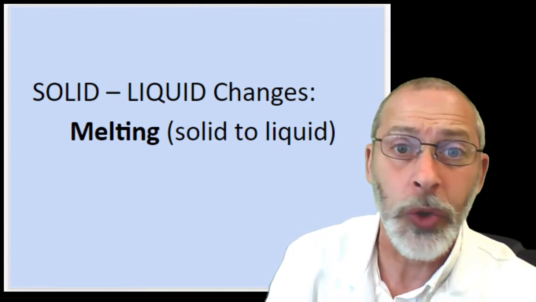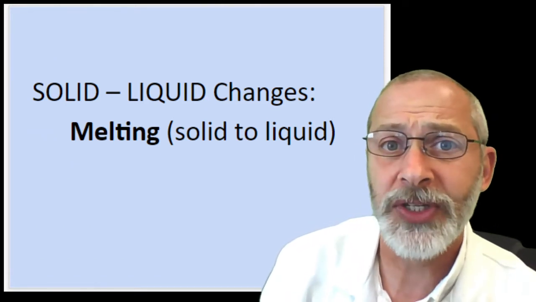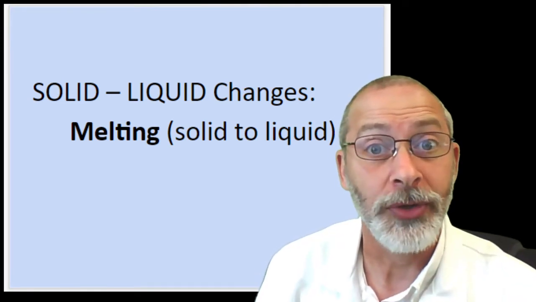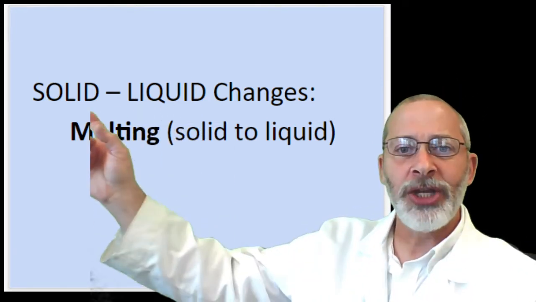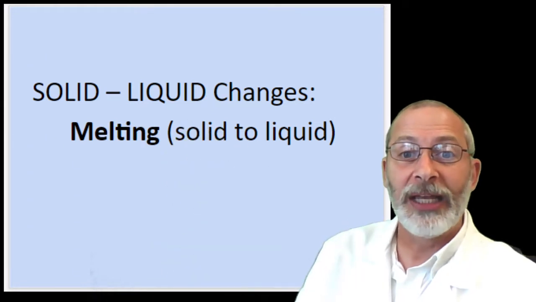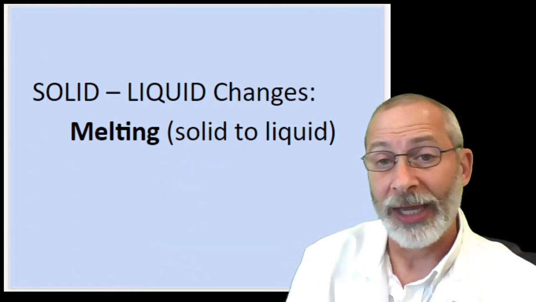Because as the story goes, you pour water on a witch and she melts. I don't know if that's true or not, but that's what happened in the movie. So, melting is the change that takes place from going from a solid to a liquid.